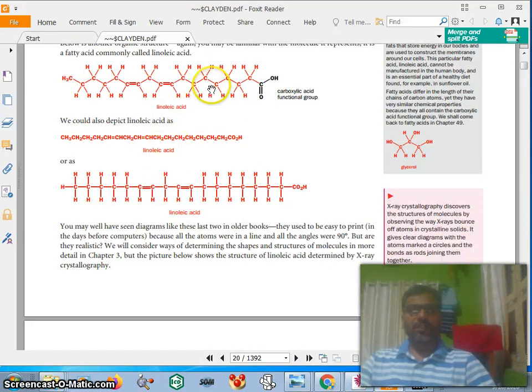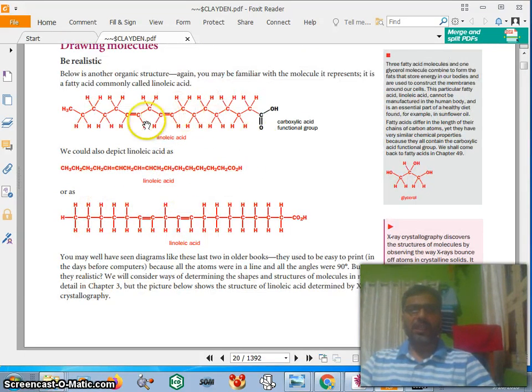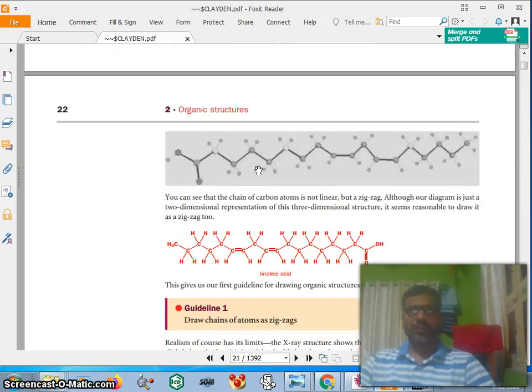Now these molecules you can also draw like that, and you can also draw like that, but this is more informative and very familiar. So this is the base representation. Now this is the crystal structure, so it is matching. You can see that the chain of carbon atoms is not linear but zigzag.